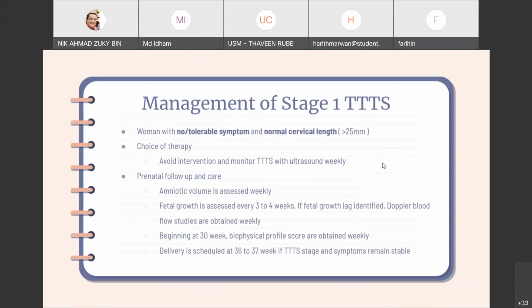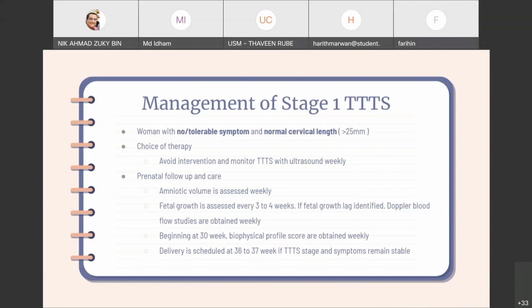Okay, so next I'll go deeper into management of stage 1 twin-to-twin transfusion syndrome. For a woman with no or tolerable symptoms and normal cervical length, the choice of therapy is to avoid intervention and monitor the twin-to-twin transfusion syndrome closely with weekly ultrasound. The mother will undergo prenatal follow-up and care, which includes assessment of amniotic volume weekly, and assessment of fetal growth every 3 to 4 weeks.